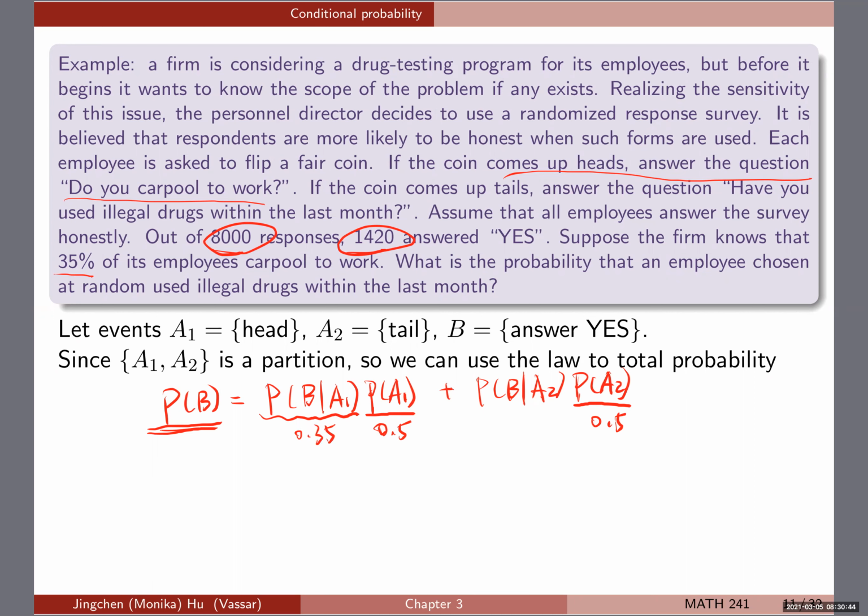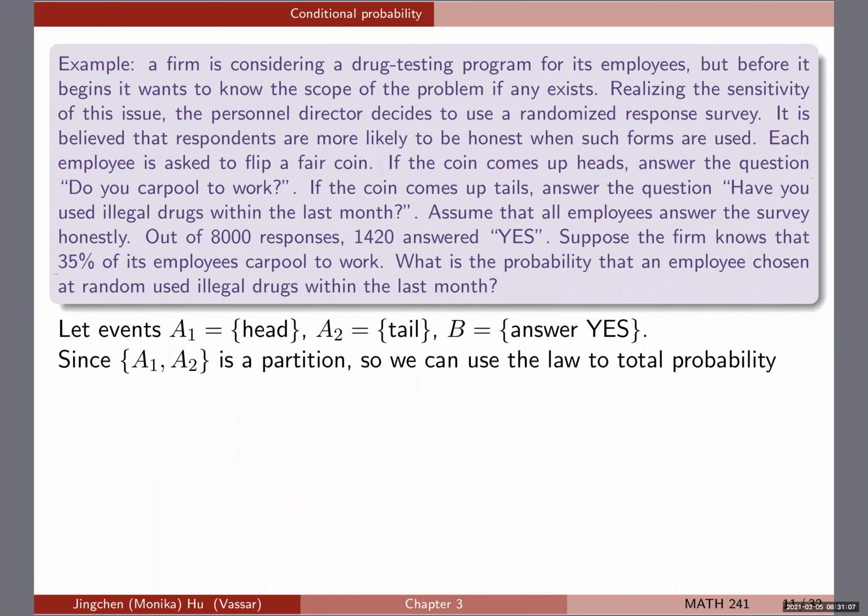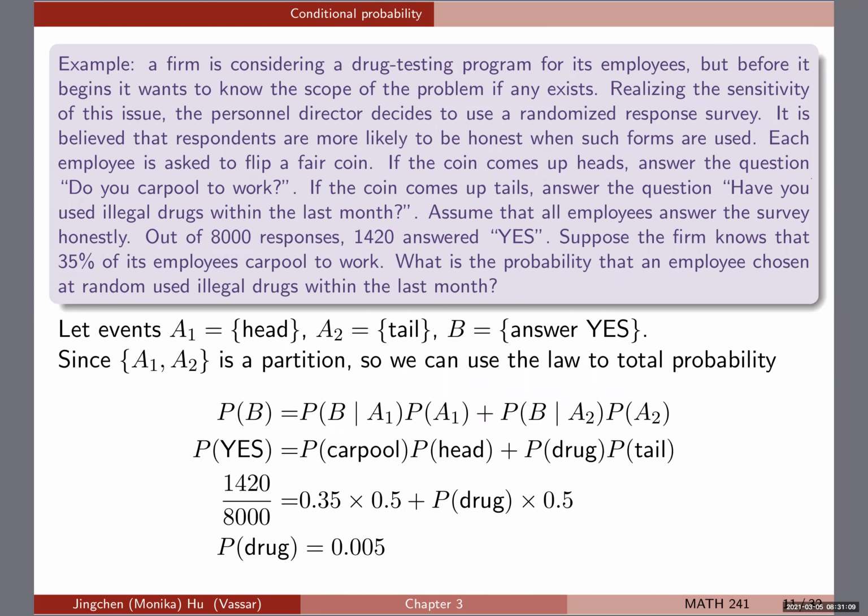Now we have one equation with five terms, and four of them are known. This is the only unknown that we're trying to solve. So this now becomes an algebra problem. Let me show you the entire answer here.